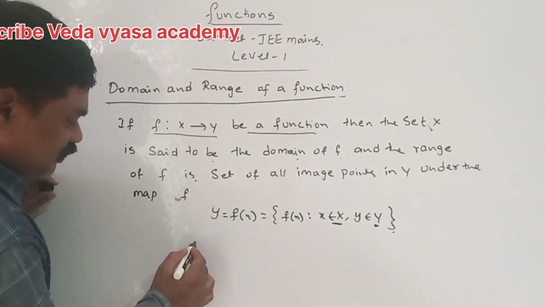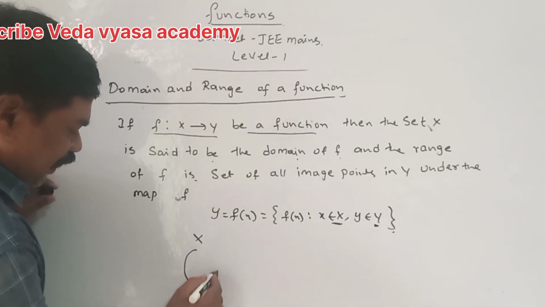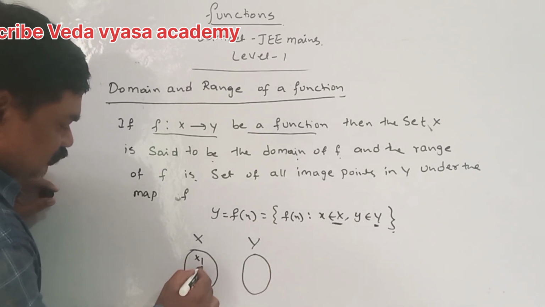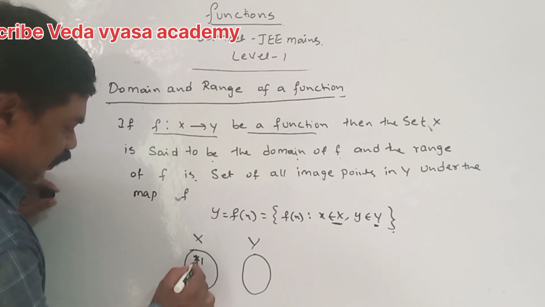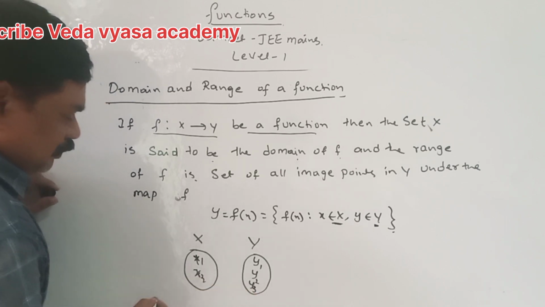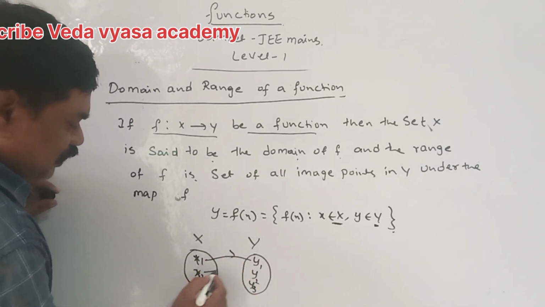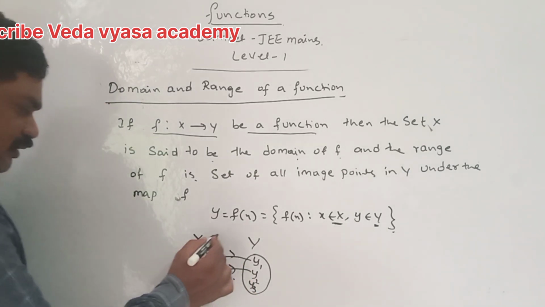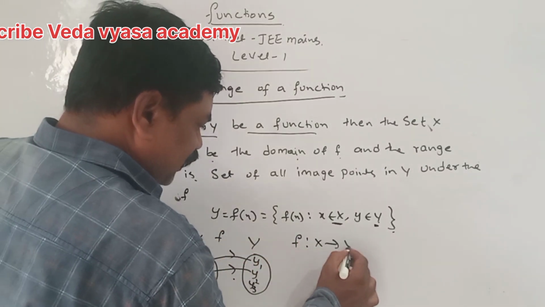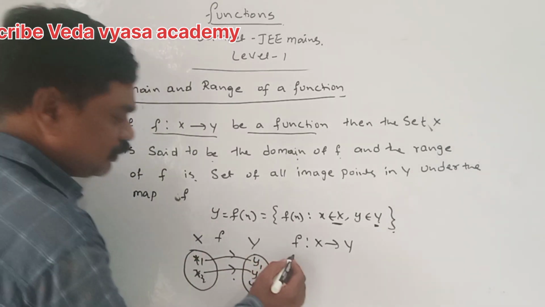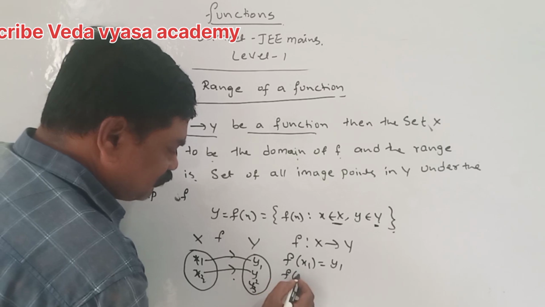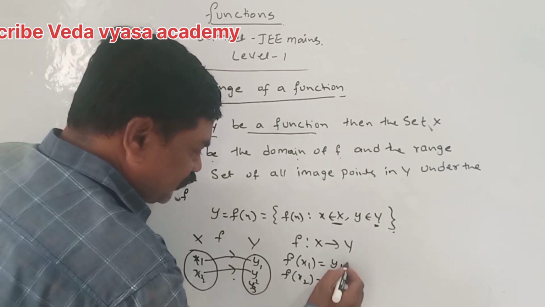Suppose set X is this and set Y is this, with x1, x2 and y1, y2, y3. So the map is like this, f: X to Y. f of x1 is equal to y1 and f of x2 is equal to y2.